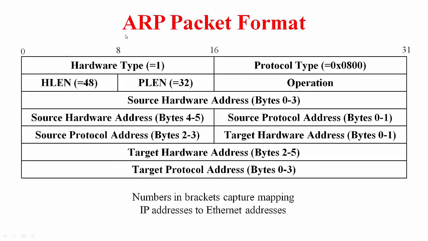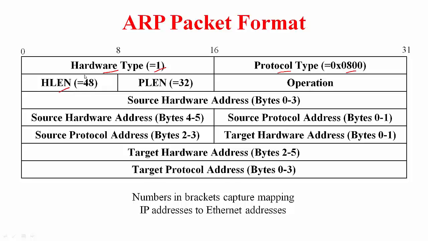So here is the ARP packet format. The first field is the hardware type. Basically, what link level technology you're using. For example, if you're using Ethernet, you set this value equal to 1. The following field is the protocol type. This refers to the higher layer. Are you using IP? In that case this field is set equal to this.